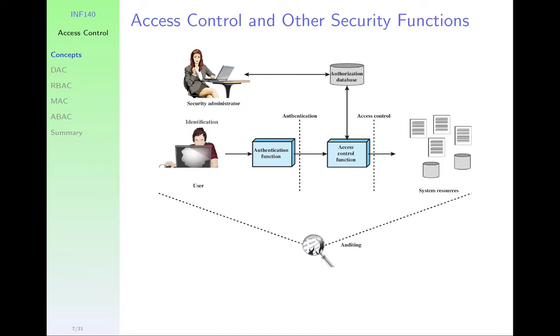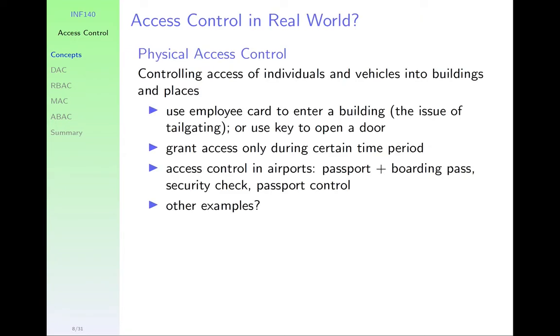Okay, so let's continue. From this introduction, you may think this access control seems to be quite a logical or technological term. But in fact, in the real world, we experience access control in our daily life. We have different access control in our daily life. For example, you use a key to open your home.